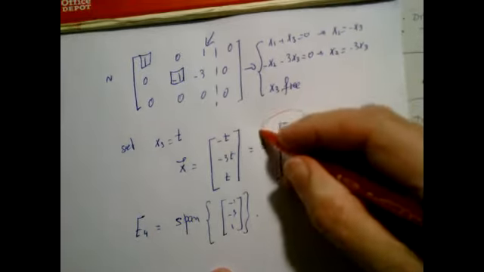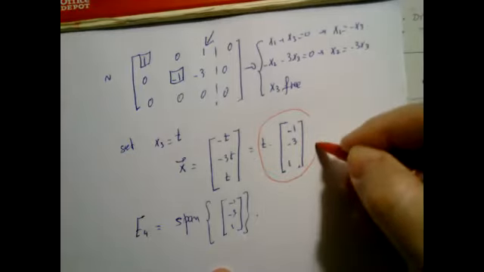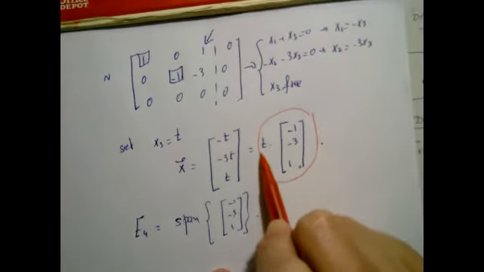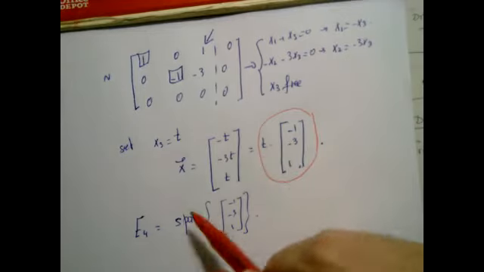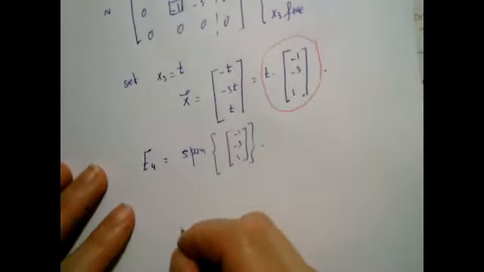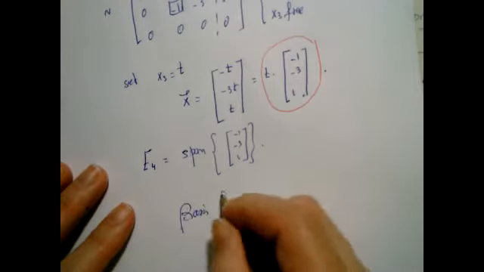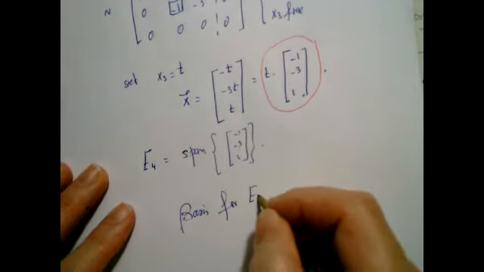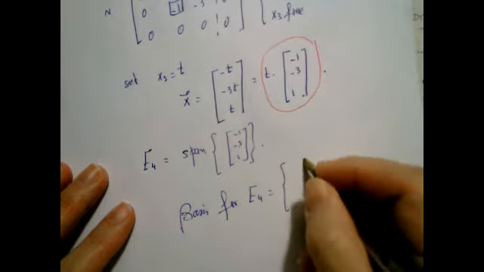And this shows me that all the eigenvectors that correspond to lambda equal to 4 are of the form a scalar times that. It means E4 is the span of minus 1, minus 3, 1. So the basis for E4 is actually this vector.